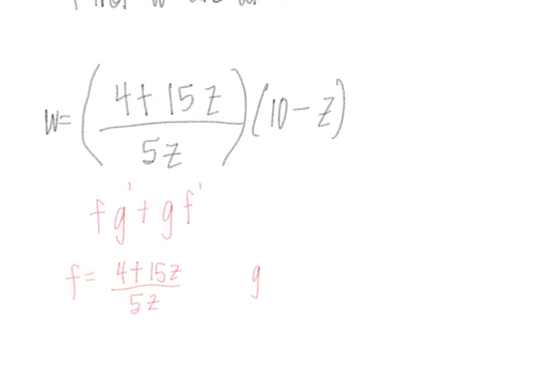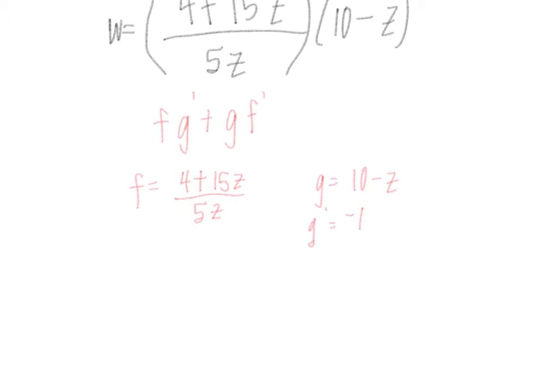Your second function is 10 minus z. The derivative of the second function is negative 1, because the derivative of 10 is 0, and the derivative of negative z is negative 1.